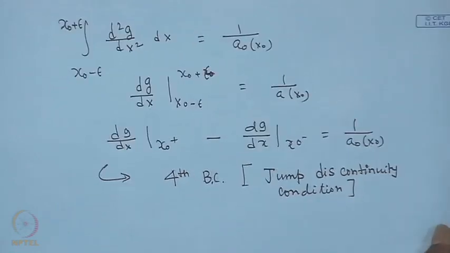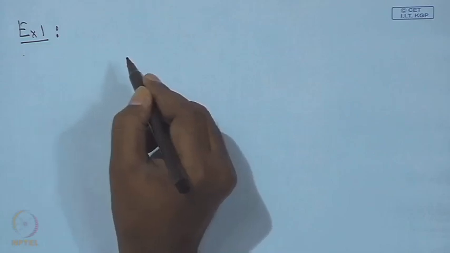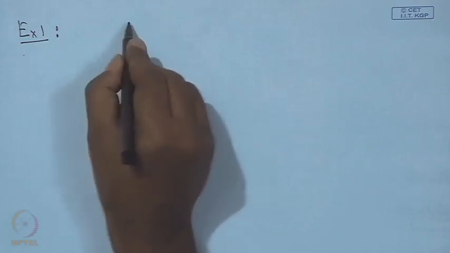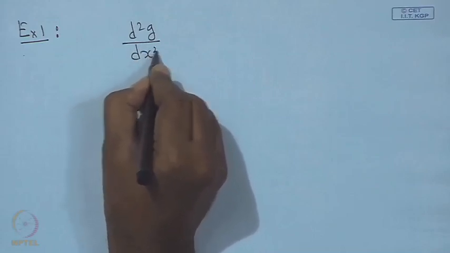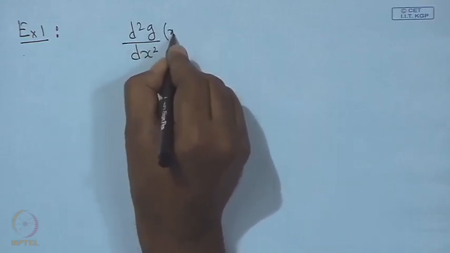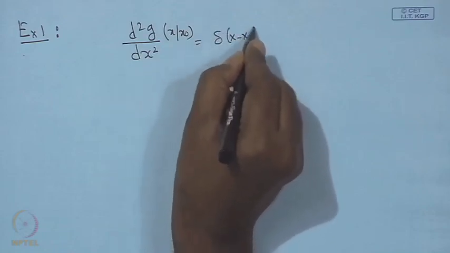Okay. Let us take up one example and demonstrate how to get the Green's function. The first example we will be taking is d square g dx square at x slash x naught equal to delta x minus x naught.